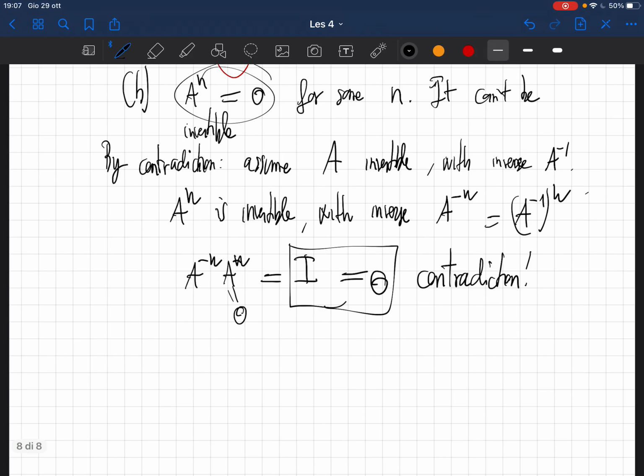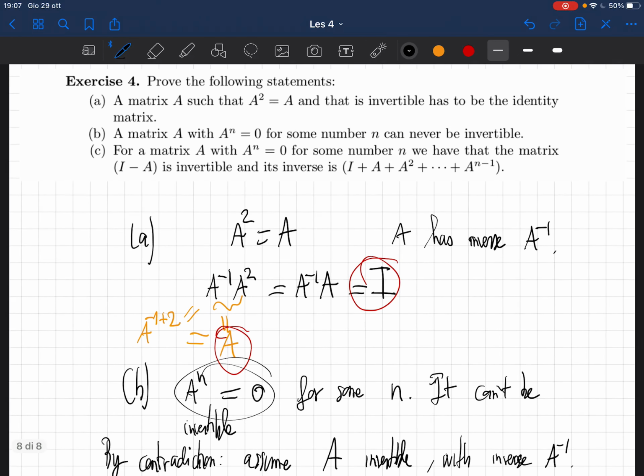And the last one, again: take a matrix A such that A to the n is equal to 0, and then you still can find an inverse of this new matrix, I minus A, and the inverse is this one.